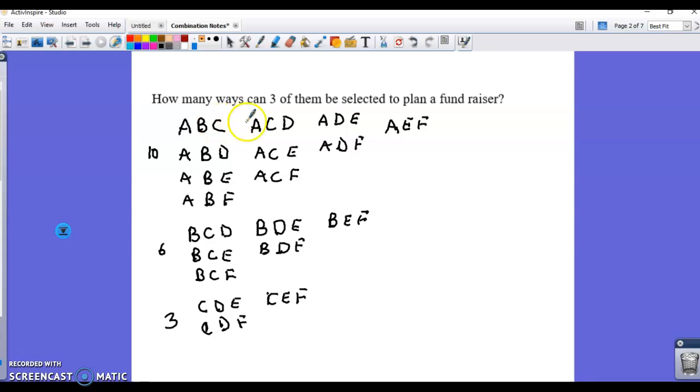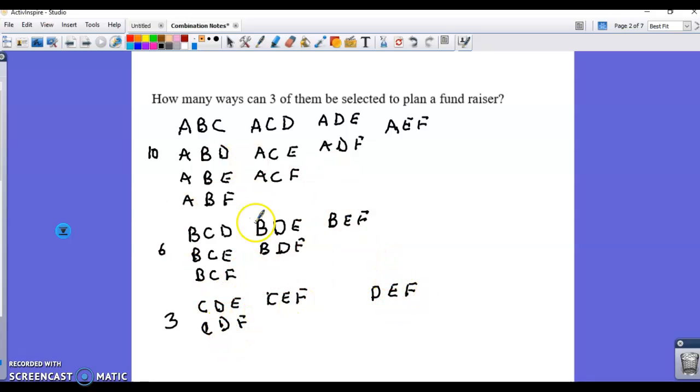So Carl was already in 1, 2, 3, 4, 5, 6, 7. So we already had Carl in 7, so there are only 3 more that he wasn't in. And then finally, starting with D, we would just have D, E, F, and nowhere else to go because D was already in 1, 2, 3, 4, 5, 6, 7, 8, 9. So there's the 10th group.